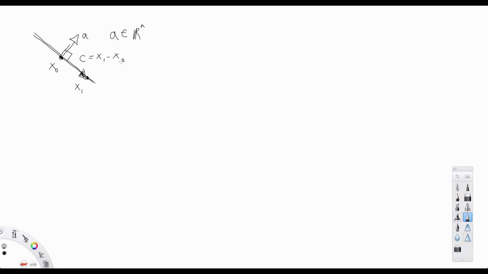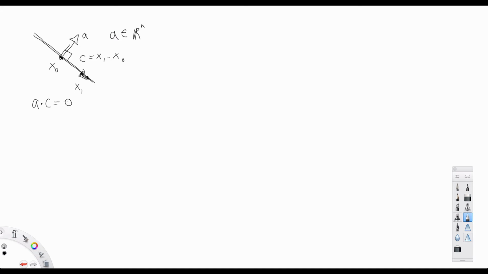By definition, the vector A is going to be orthogonal to the vector C. And if you think back to linear algebra topics, the dot product, the inner product, A dot C, is going to be equal to 0. That's going to be true regardless of the dimension of the space that we're operating in. Just by definition, we're saying that C and A are orthogonal vectors. And so using this property is one way of defining a hyperplane.